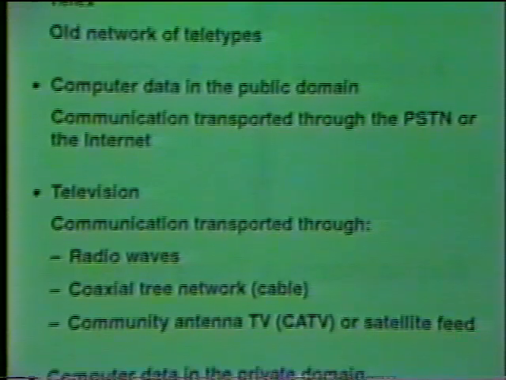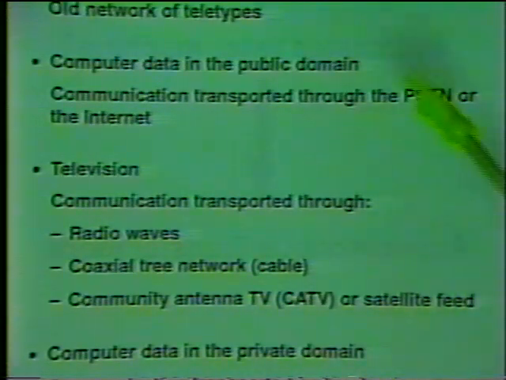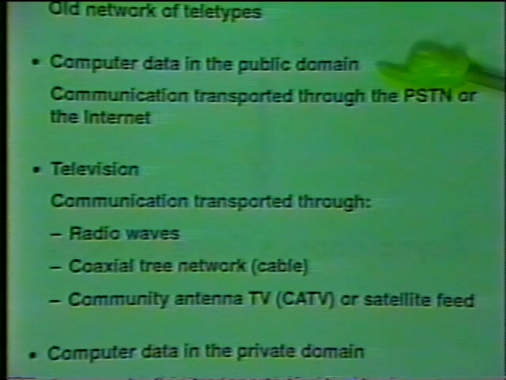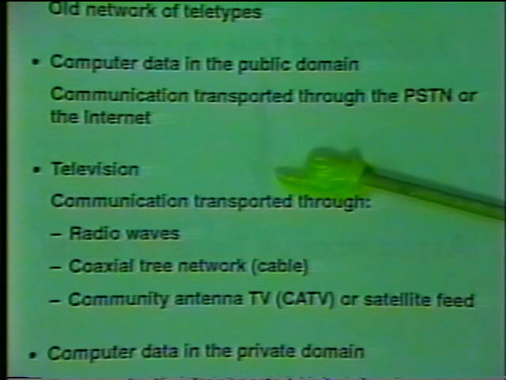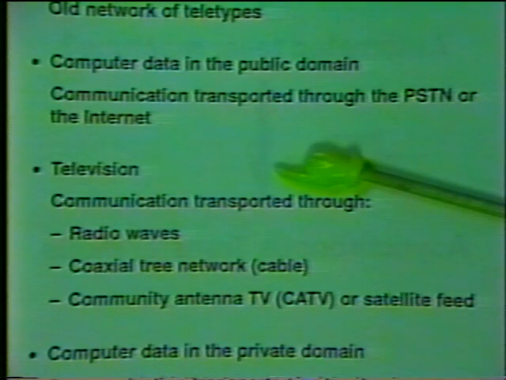Slide down the slide here a little bit. And then for the computer implementations, again, we also transmit that information through the PSTN or the internet. Another type of communication yet is television. And here we have a couple different mediums of transport for this communication.